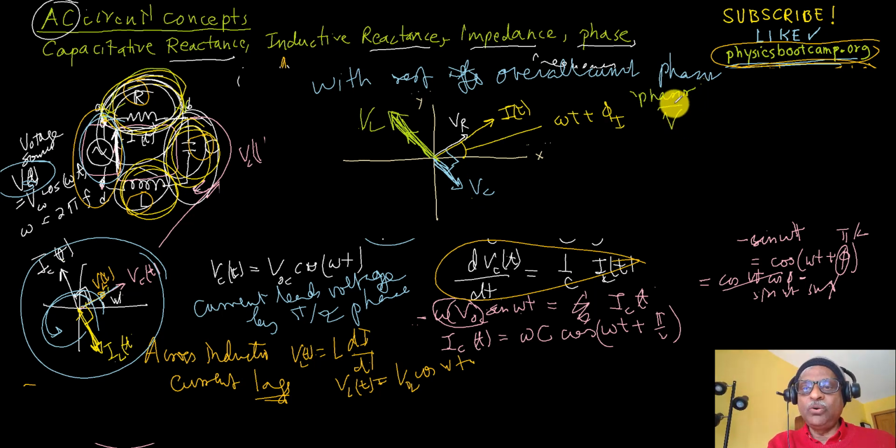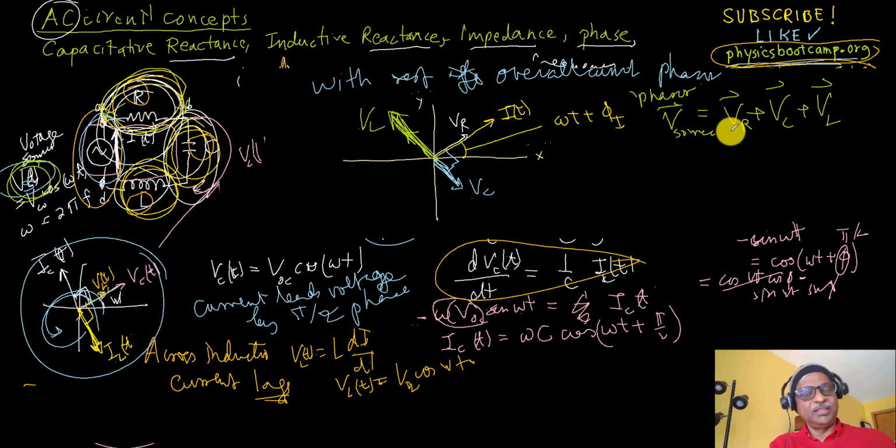So V overall, the V of the source, is equal to V dropped across R as a phasor vector, plus V dropped across the capacitor vector, plus V dropped across the L vector. That's pretty cool, actually. We're only interested in the x component of this vector, but we can very compactly write the differential equation that comes up in the analysis of this circuit.